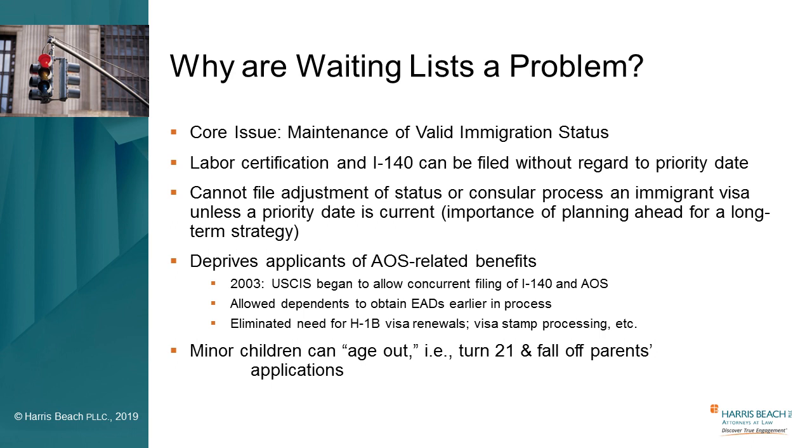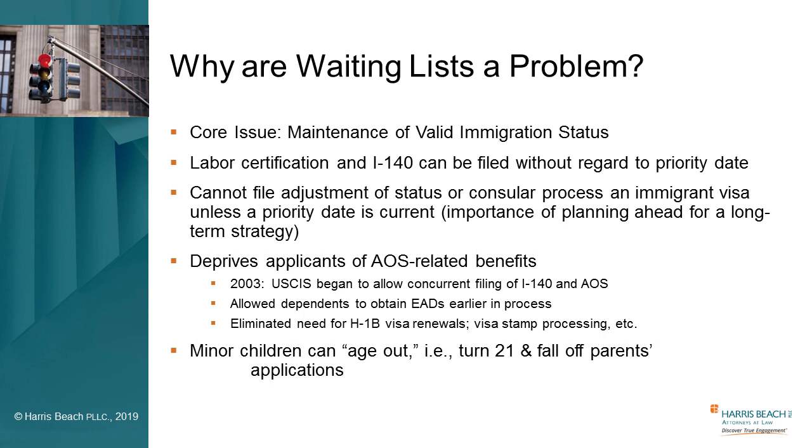One of the other issues is when someone files for adjustment of status, they do get certain benefits of that. One of those is work authorization. So let's say you have an H-1B employee who you sponsor for permanent residency. They have a spouse who's here on an H-4 visa, which is a dependent of an H-1B.